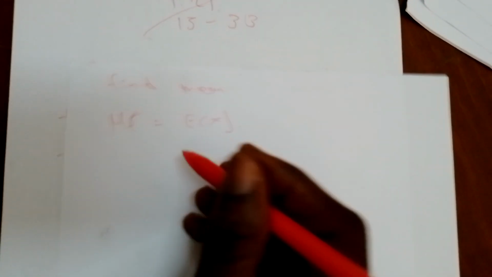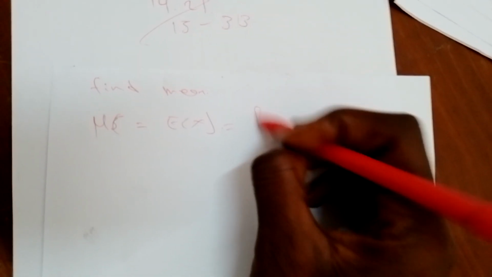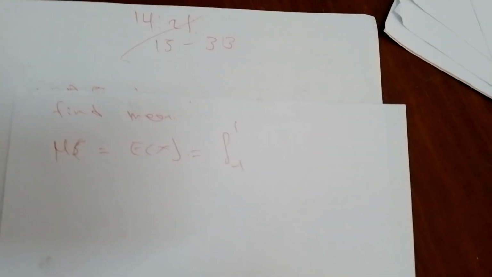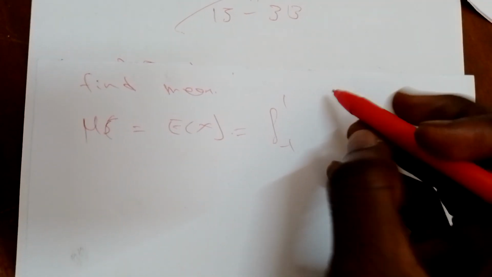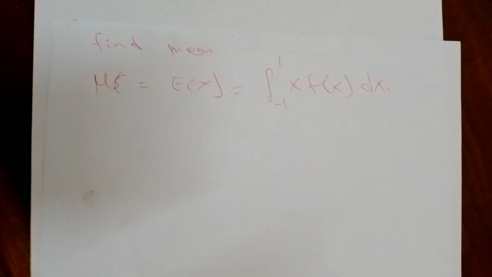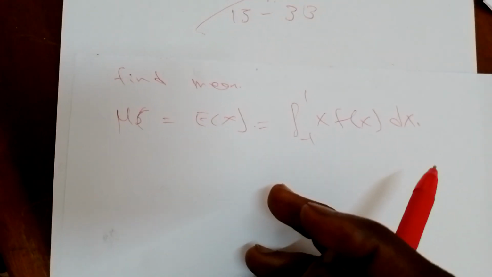At the beginning, we define this as the integral from minus one to one of x f of x dx. With this in mind, let's see how we find the mean.